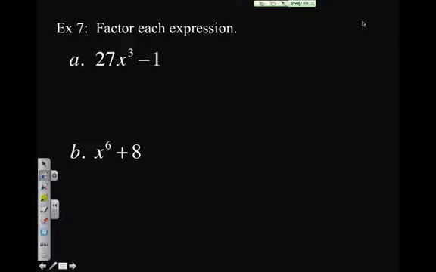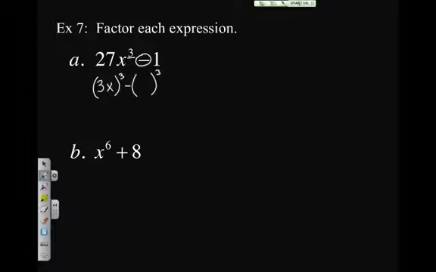Now this one, again, it's a binomial, 2 terms, but it's got a 3 there. So that's a hint that this is probably either the difference of cubes or sum of cubes. And since we've got a negative, that tells us it's the difference of cubes, if we can write it as something cubed minus something else cubed. So what cubed is 27? That's what we want to think about, and that is a 3. And then we know that x cubed will give us that.